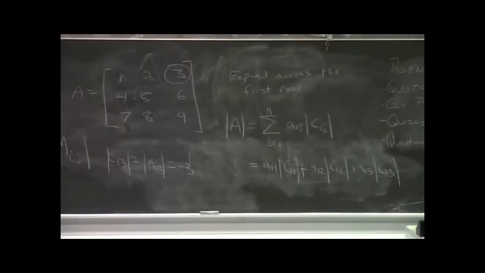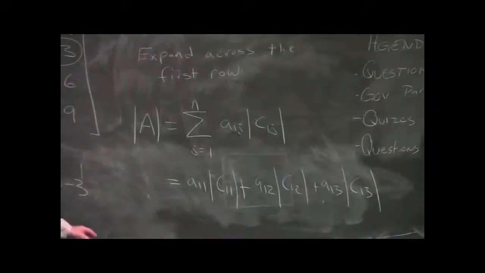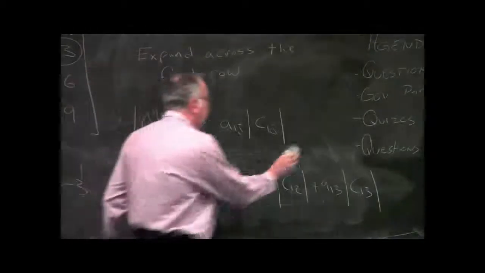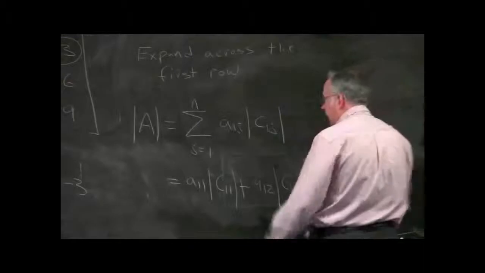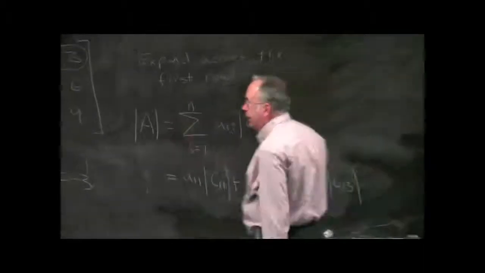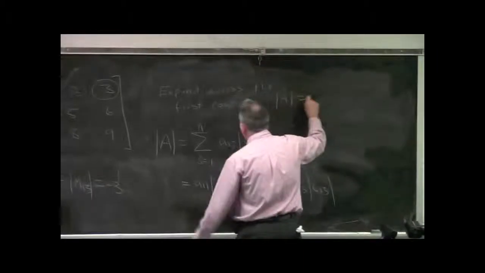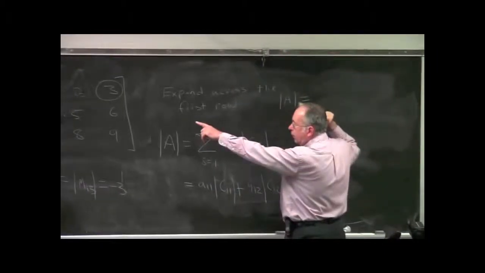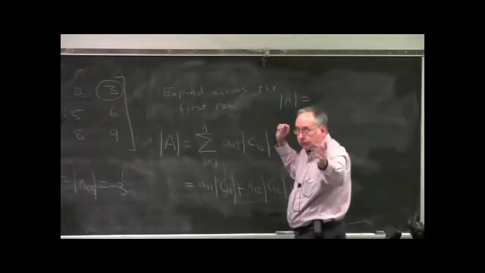Now, we've actually done this, haven't we? We have C11, C12, C13. So let's calculate what this determinant is in this case. A11 is what? Anybody? What is little a11? 1.